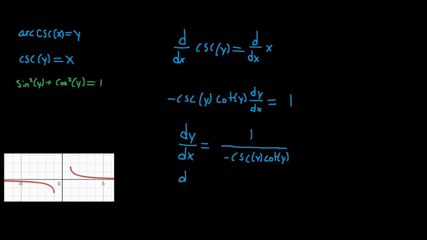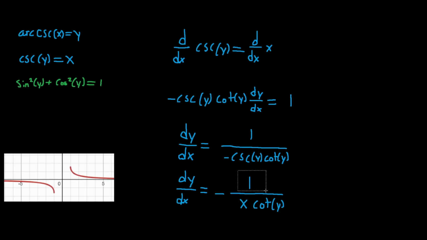And if you'll notice, cosecant of y up here, we wrote equals x, and down here we have a negative cosecant of y. So I'm going to write negative x times cotangent of y, right? So that's negative 1 over x times cotangent of y.